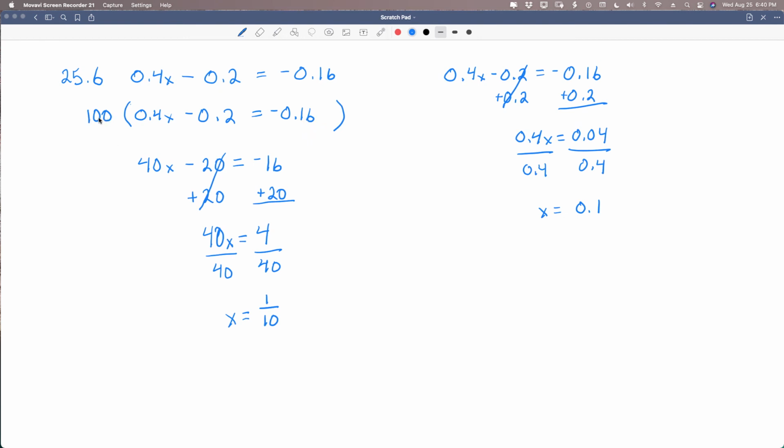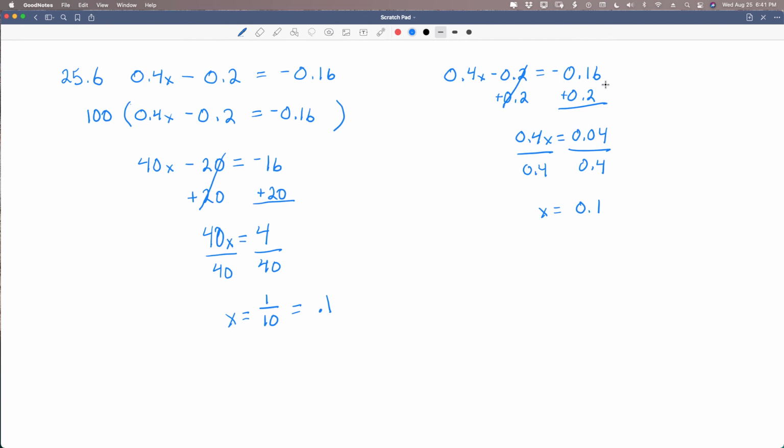So 2 zeros is 100. So we multiplied 0.4x times 100, we got 40x, 0.2 would be 20, and 0.16 would be 16. Then we had whole numbers to deal with. We ended up with x equals 1/10, which if you divide 1 by 10, you're going to get 0.1, okay?